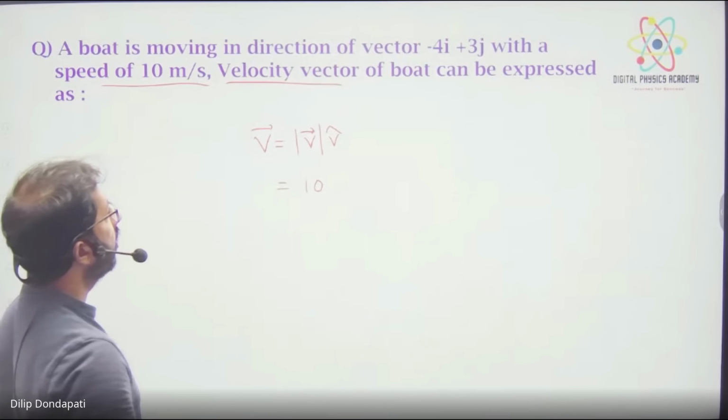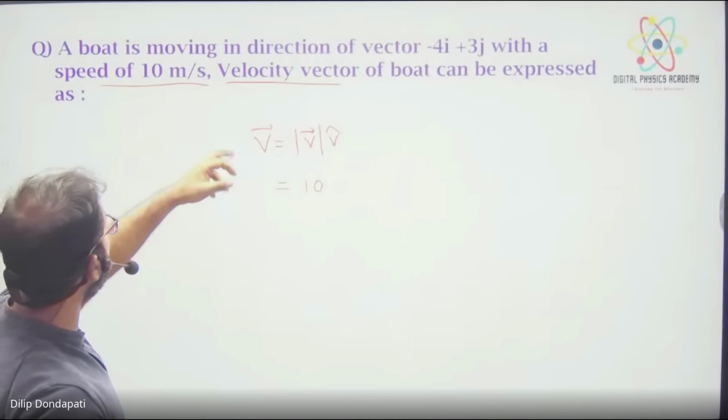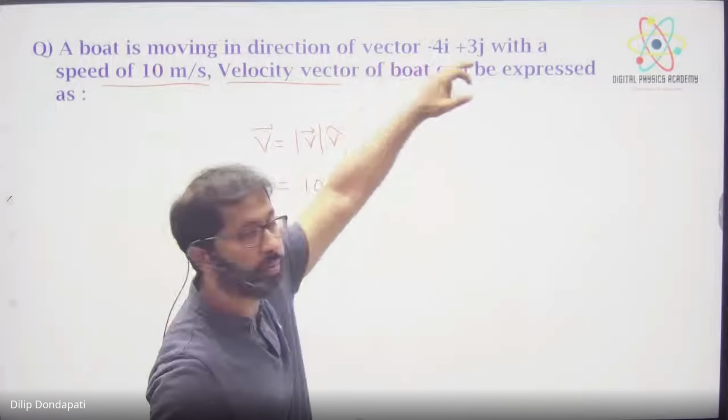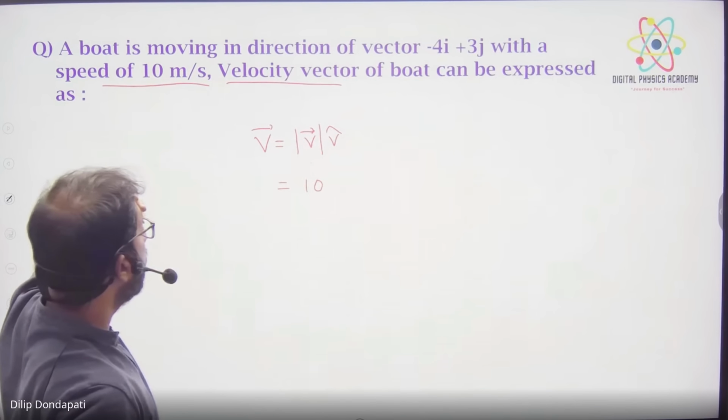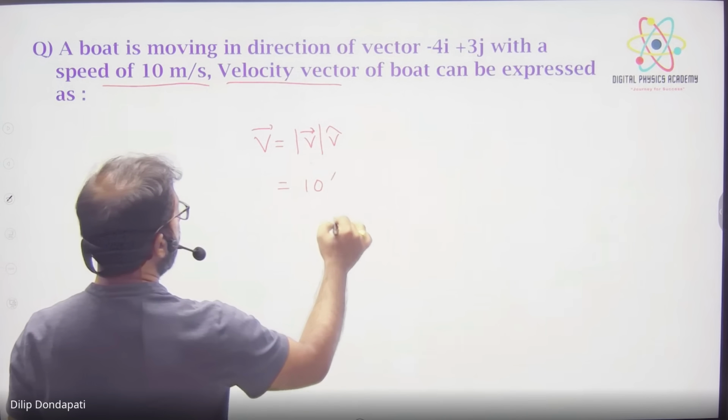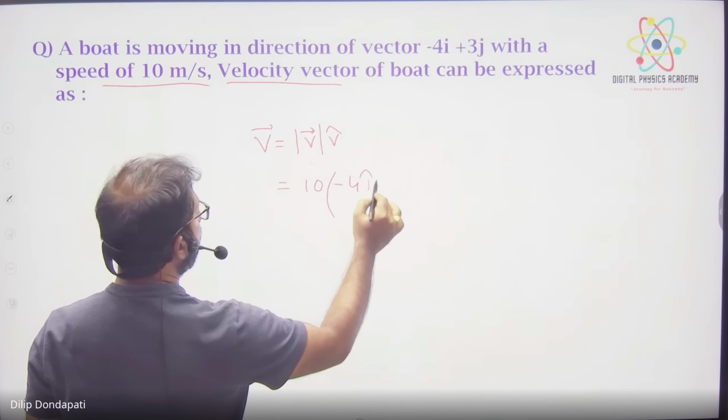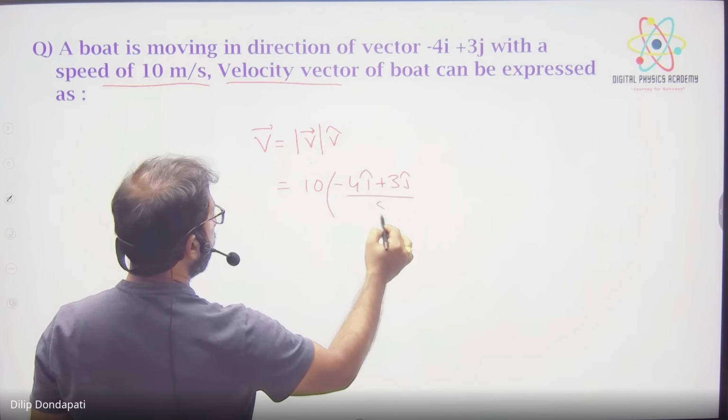Now direction. In which direction is it going? In the direction of vector A, the boat is going in the direction of this vector. Nothing but unit vector. Tell me its unit vector. Vector A by mod of it, mod A. So mod A is nothing but 5 only. So 5 into 10.